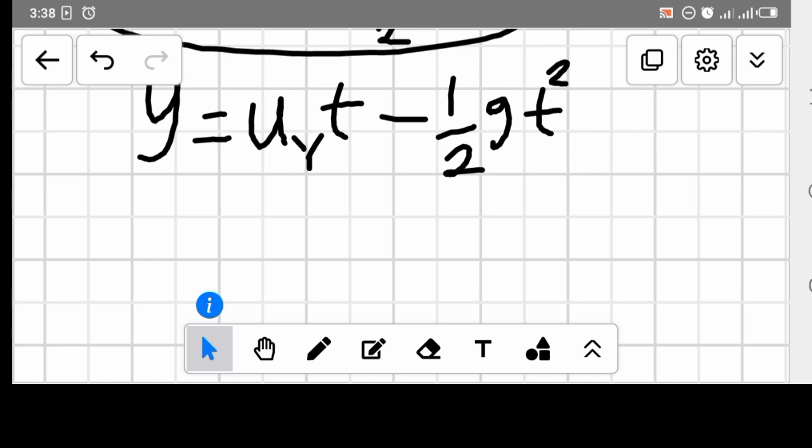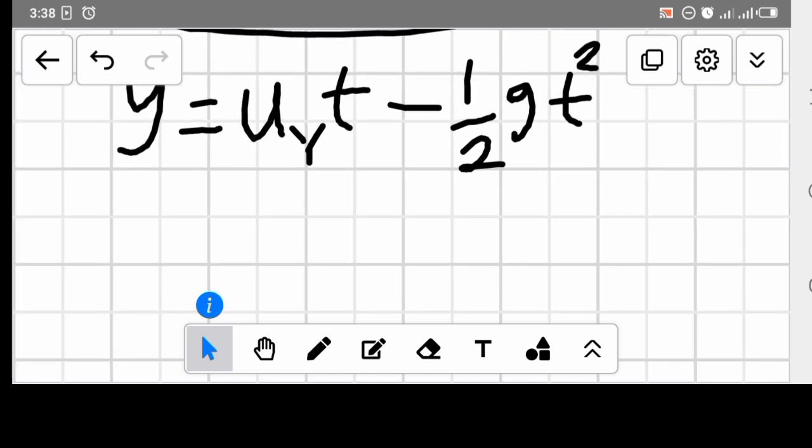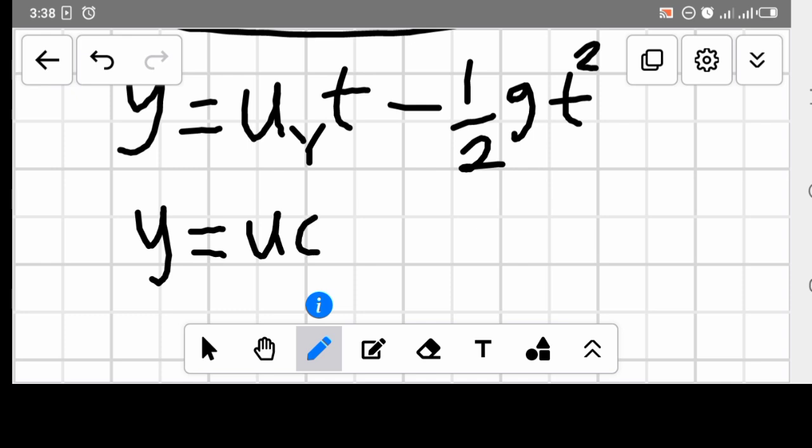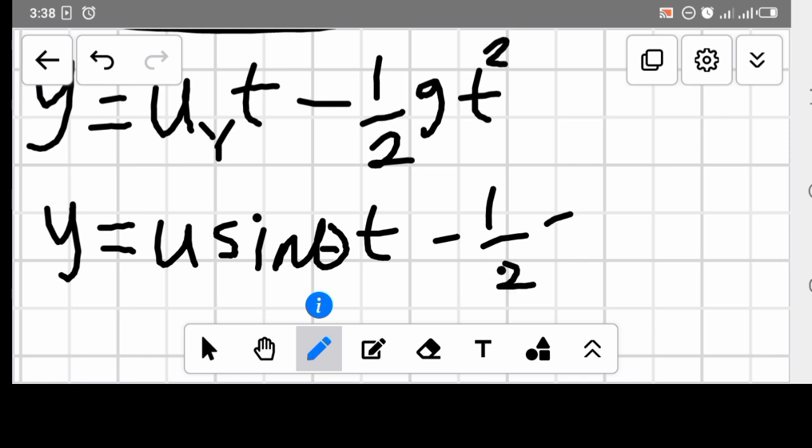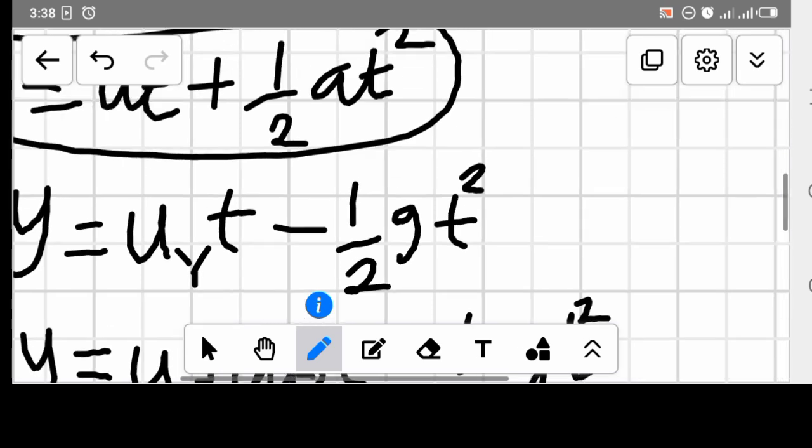So uy, we are going to write it as y equals u sin theta, since it is uy, multiplied by t minus half gt squared. So we're about to get the formula for the trajectory.